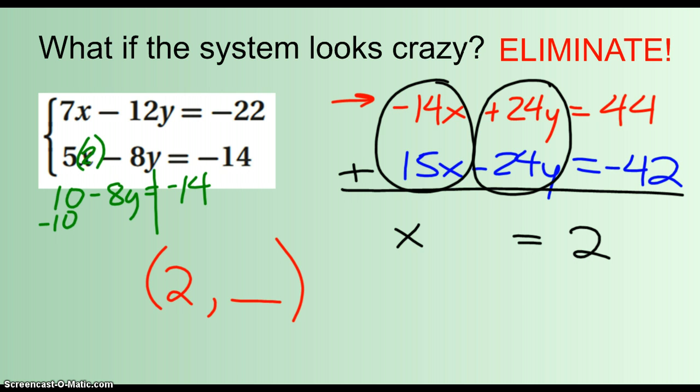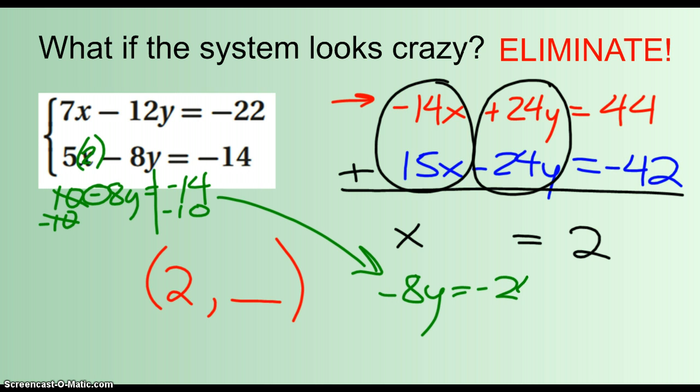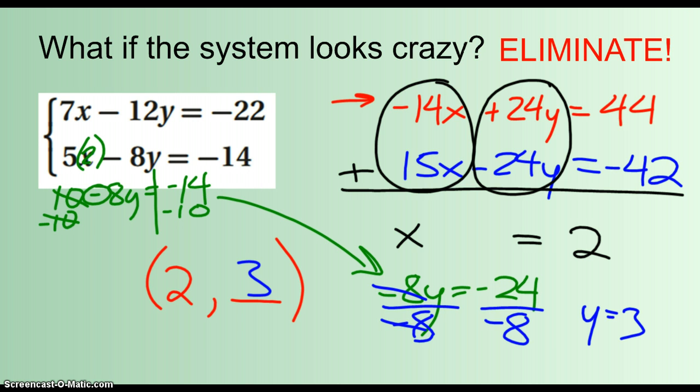So subtract 10. -8y equals -24, since -14 minus 10 is -24, and then we divide both sides by -8, and we get y equals positive 3. So 2, 3 should be the solution for this system.